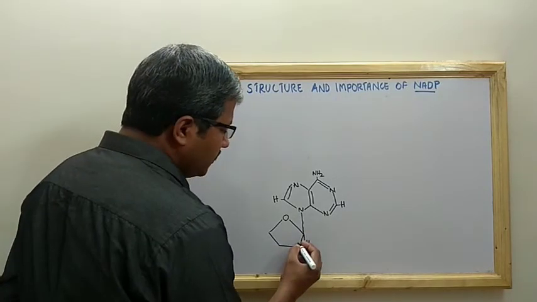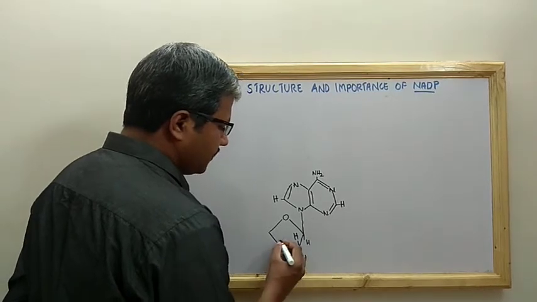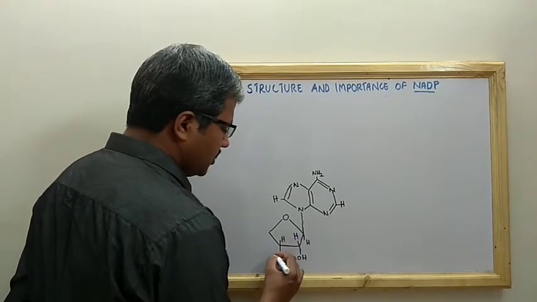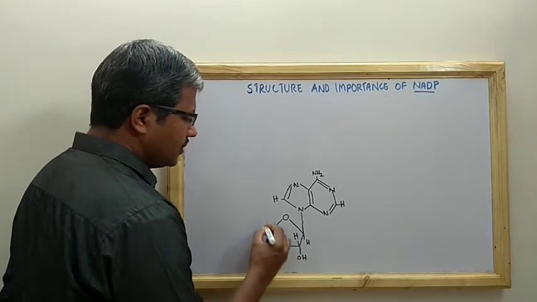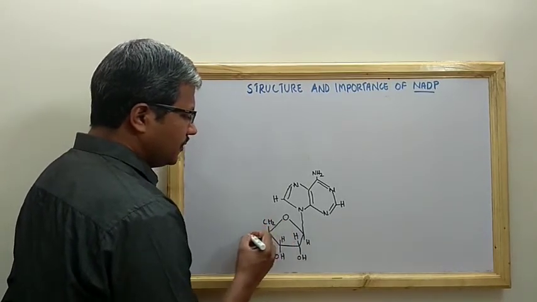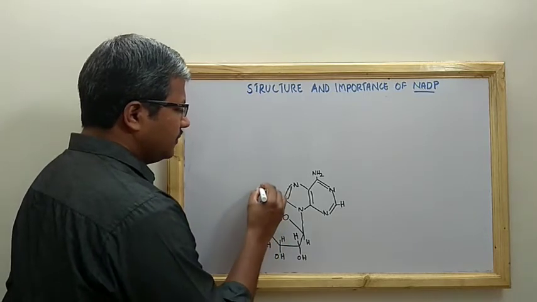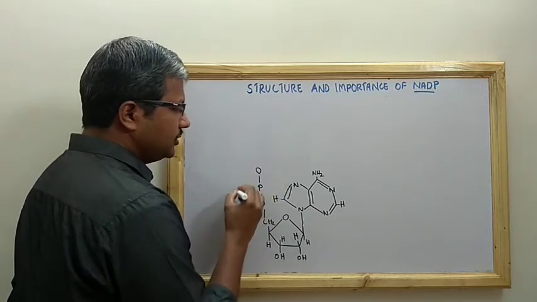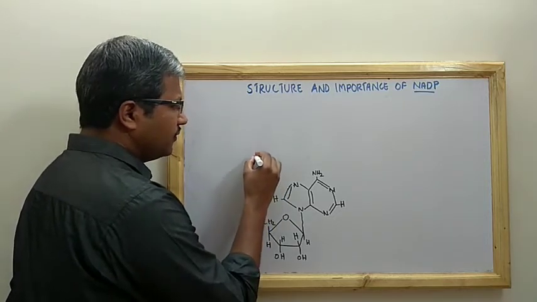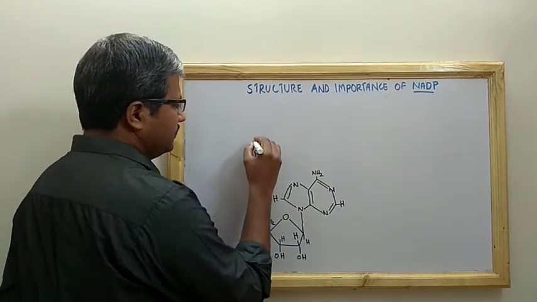Now we can complete the sugar molecule, HOH, and then HCH2. We have to link with the oxygen, then phosphate, again oxygen, again phosphate, and again oxygen.